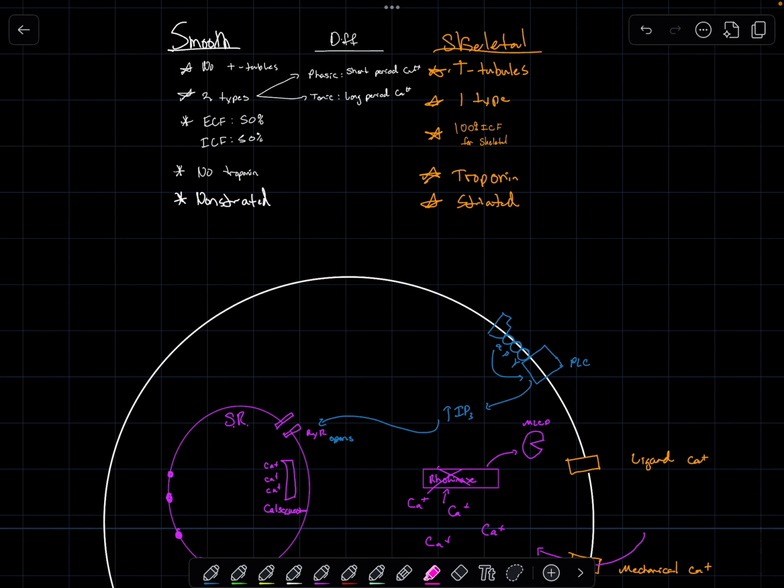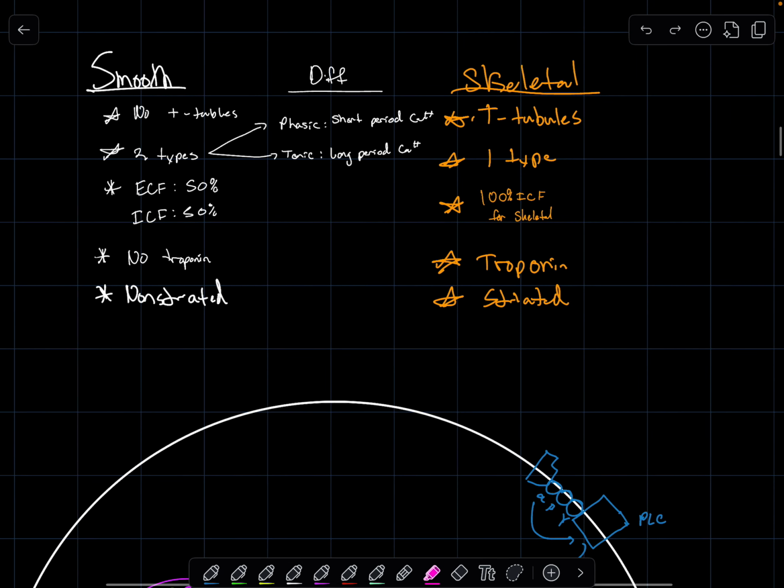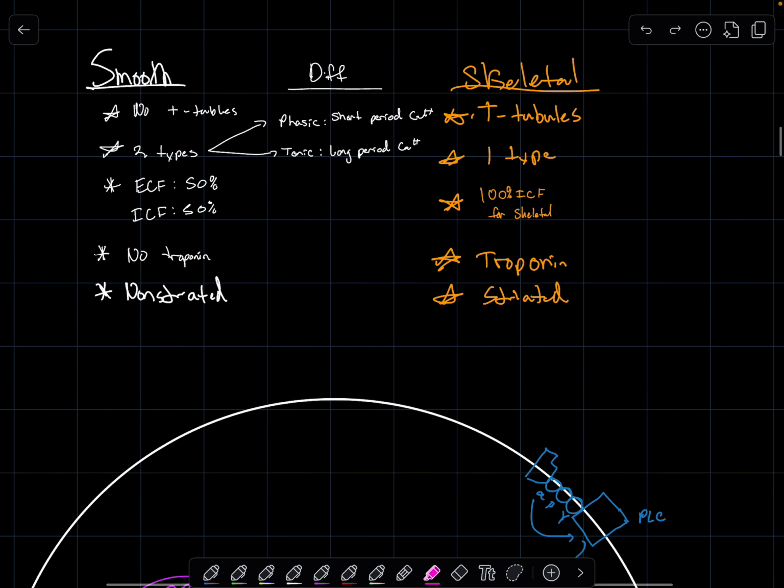Before we dive into the differences between the two main types of smooth muscle, I would like to look at the differences between skeletal and smooth. We remember in the recent video that T-tubules are present only in skeletal. There's one type, and 100% of the calcium comes from the ICF in the sarcoplasmic reticulum.